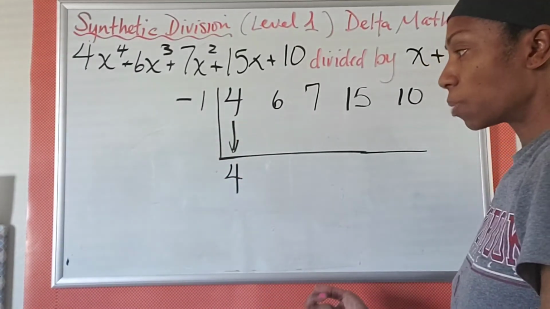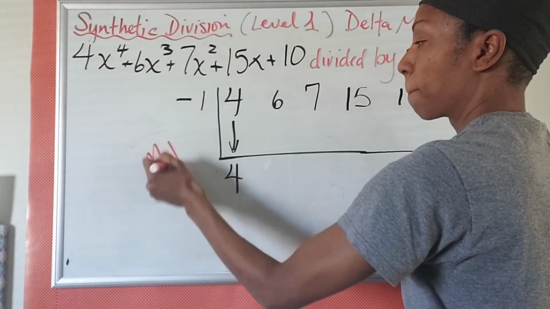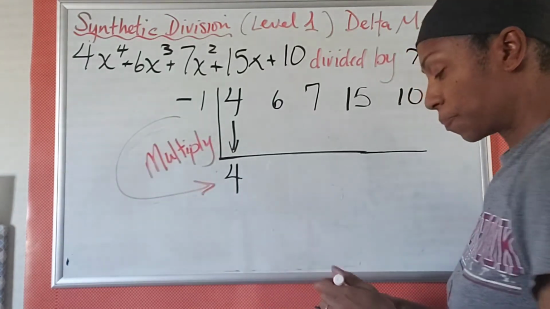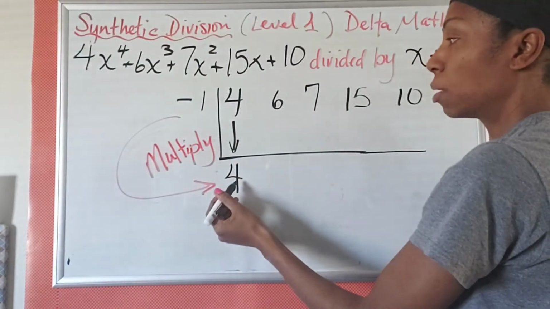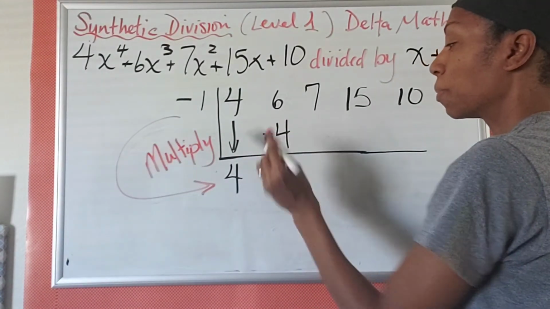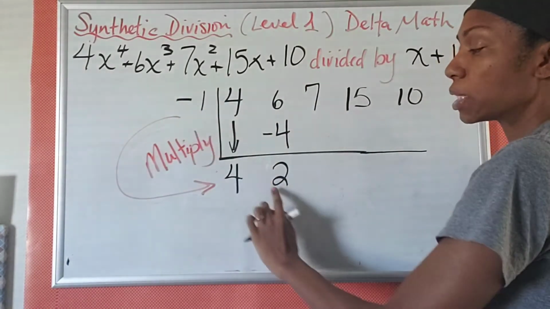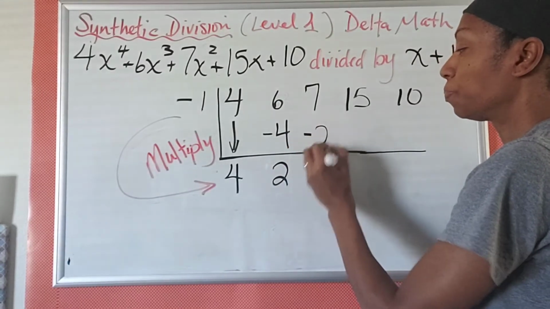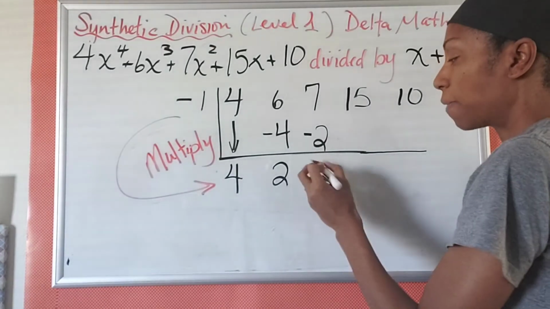And then we multiply to get from here to here. So, -1 times 4 is -4. 6 minus 4 is 2. Negative 1 times 2 is negative 2. 7 minus 2 is 5.